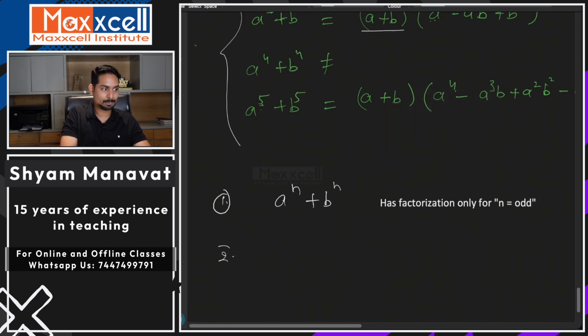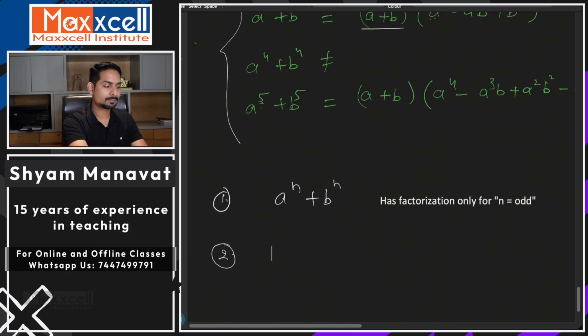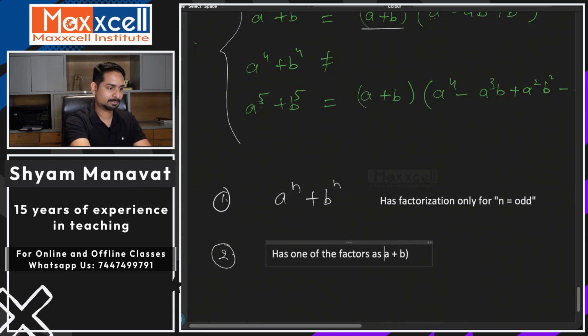The second property is that a to the power n plus b to the power n always will have a plus b as one of the factors. Remember this. Just to understand these two properties we did all this.